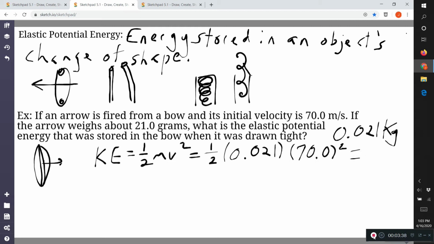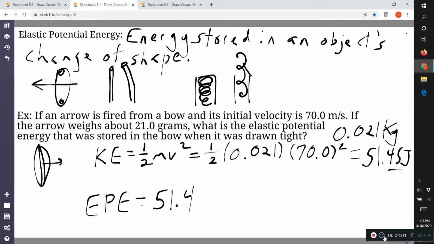And when you do that calculation, you get 51.45 joules. So theoretically, that was our elastic potential energy initially. So let's see, we have 3 sig figs here, so it'd be 51 using the 5's rule. Remember the 5's rule, 0.4 joules.